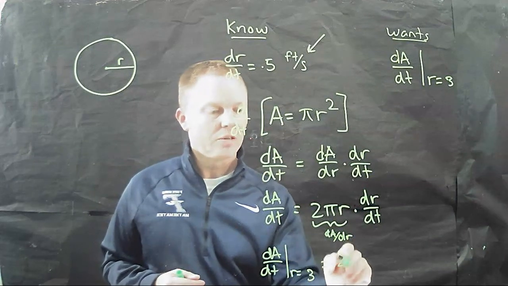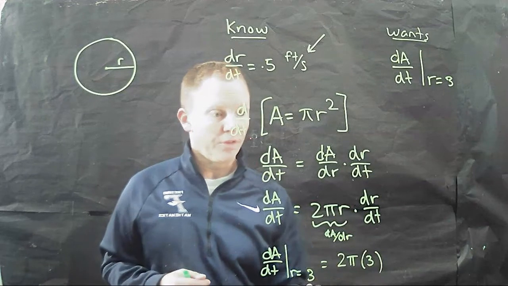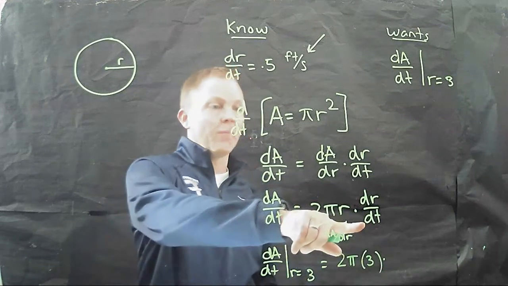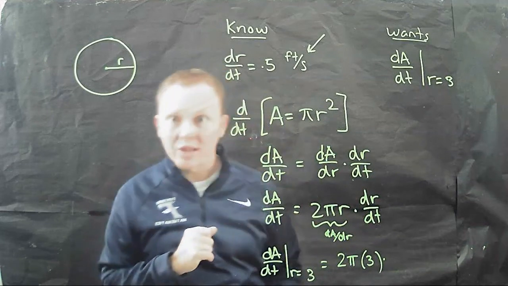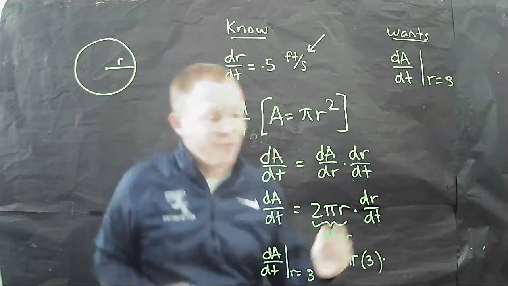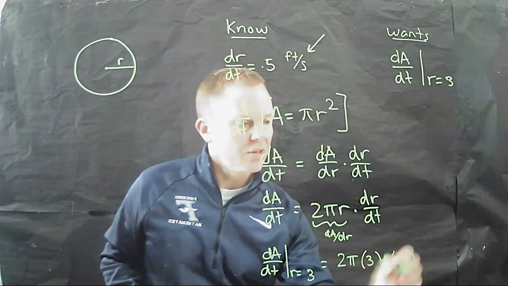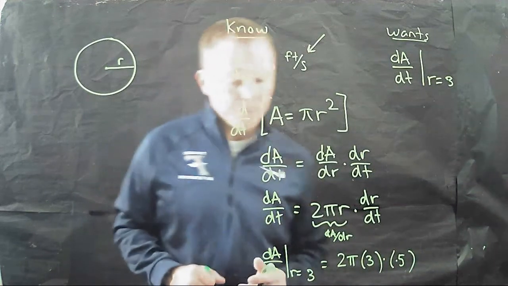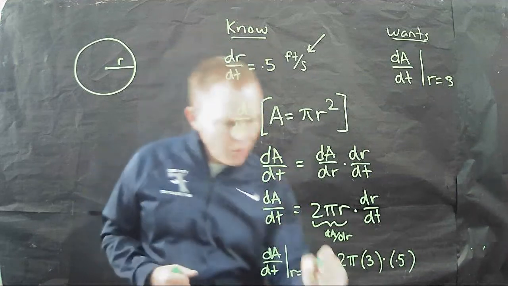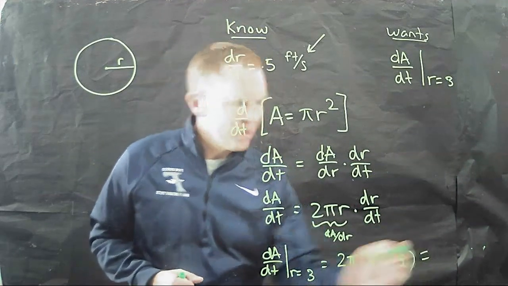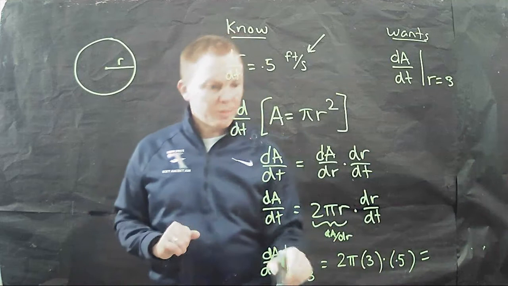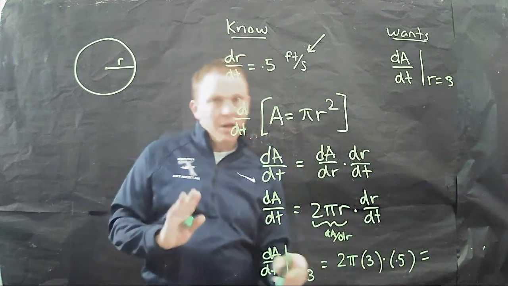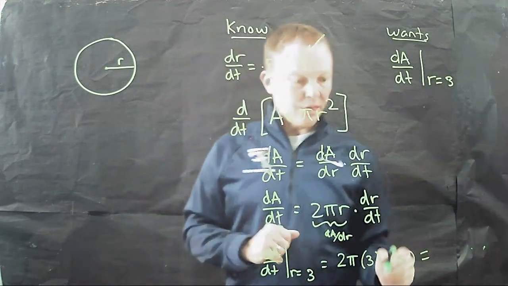So I just plug in 3 for r, and then I multiply by that dr/dt value I was given. That's a constant, 0.5. It's not changing. I could put 0.5 feet per second there, but I won't. After I do this arithmetic, 3 times 2 pi is 6 pi times 0.5. So that looks like 3 pi.